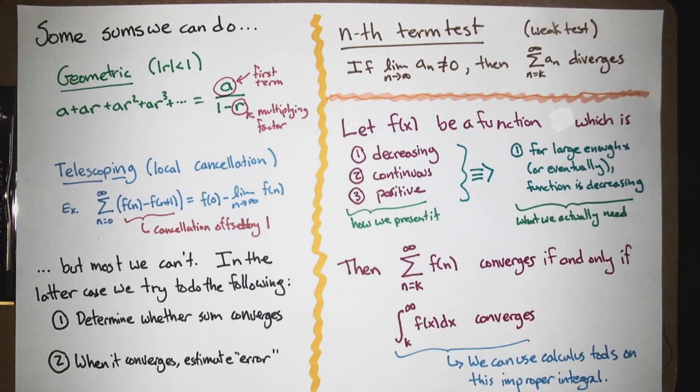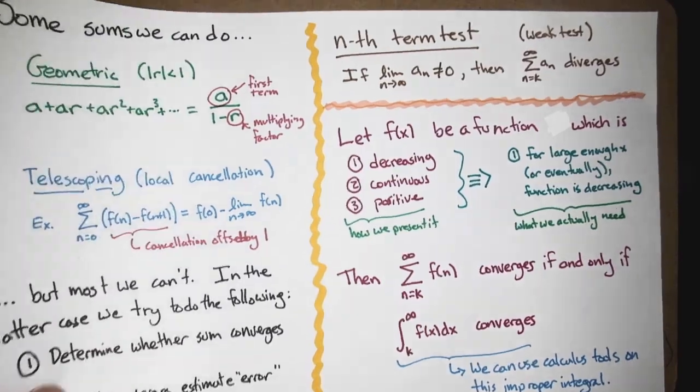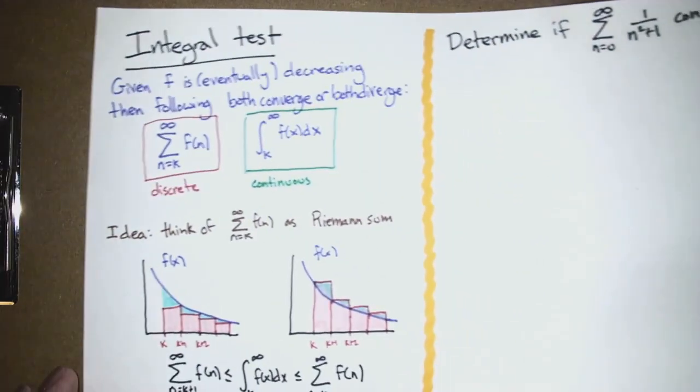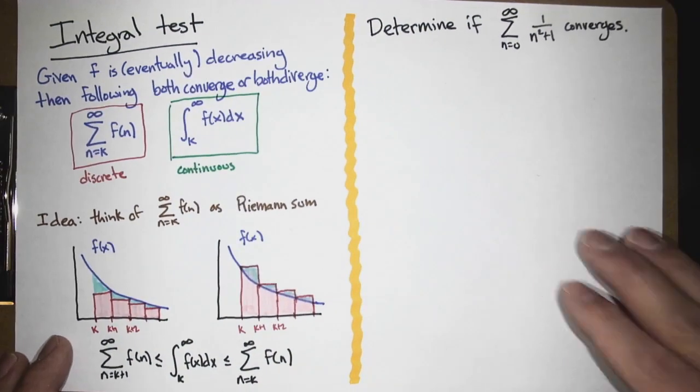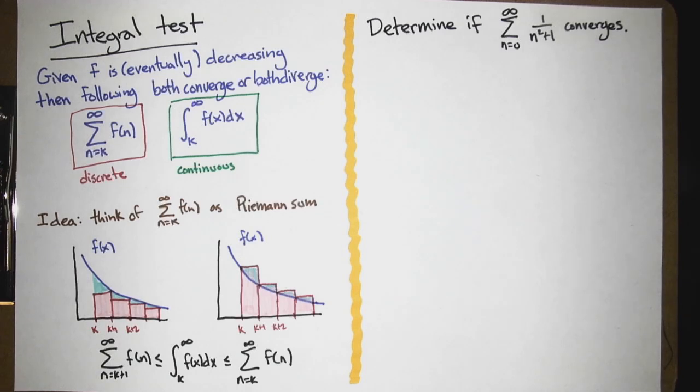All right, so why does this work? And it's a lot simpler than you think. The picture is the justification. If I look at the sum, I can think of that as a Riemann sum. So I'm going to take my interval and break it up into length 1 segments.